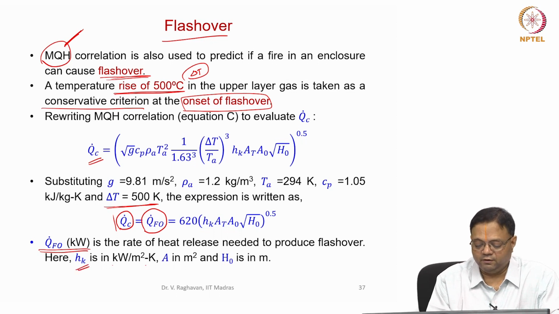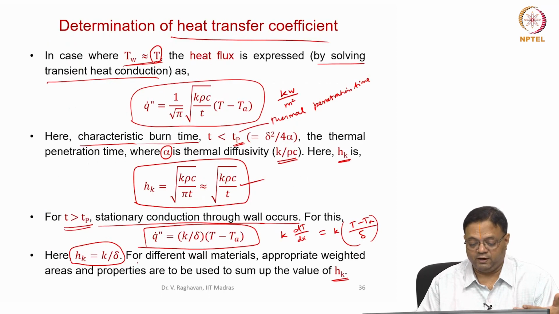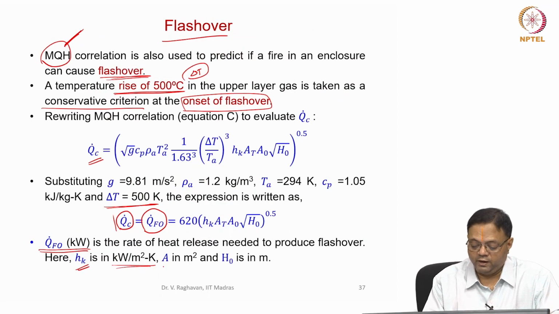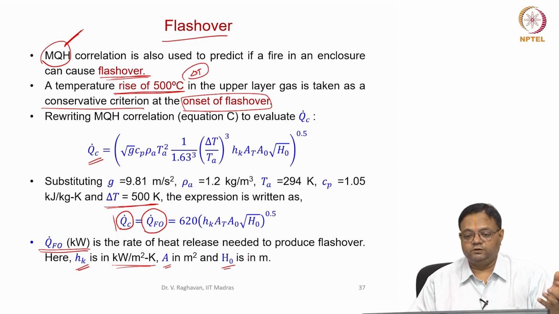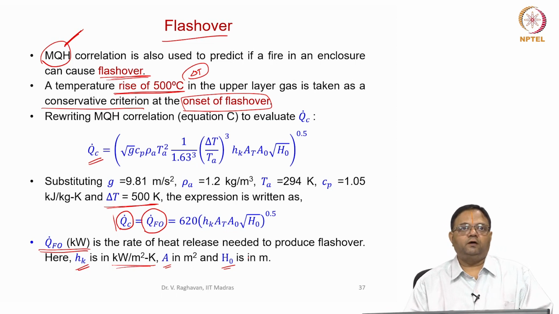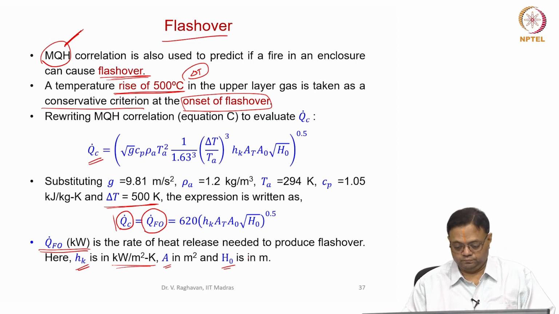Here Hk can be estimated by one of the ways which we described in the earlier slide, and this is in kilowatt per meter square Kelvin, A in meter square, H0 in meter. So this is one of the usefulness of the MQH correlation.